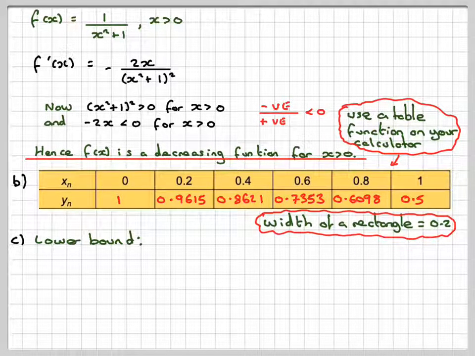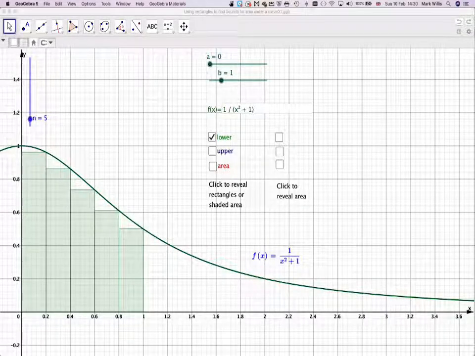To calculate the area of each rectangle, we do 0.2 times this height for each one. So all I need to do is add up this y value, this y value, this y value, this y value, and multiply the whole lot by 0.2.